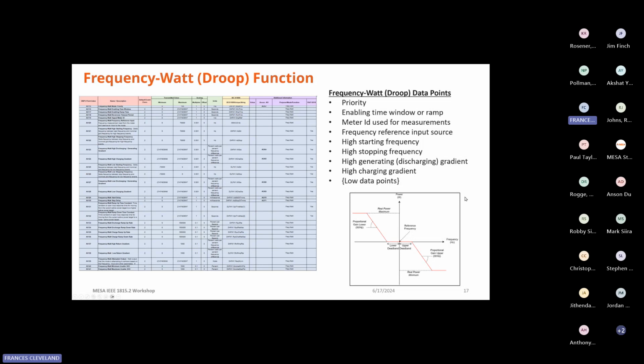I won't go through this one in gory detail because there are a lot of points, but this is essentially the frequency-watt droop function. Again, another 1547 type function, which you can see from this diagram here. So again, it's a matter of setting the priority, a bunch of other settings, the high starting frequency, the high stopping frequency, where you should stop increasing or decreasing, the discharging gradient and the charging gradient, and the equivalent for the low point.